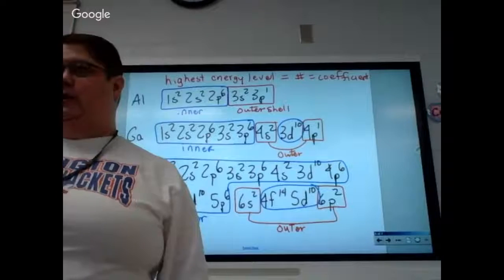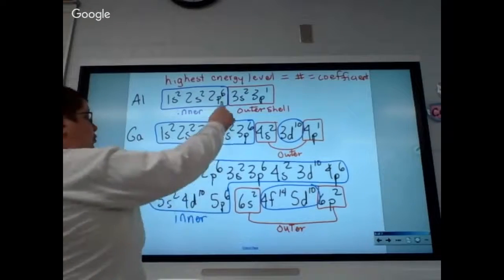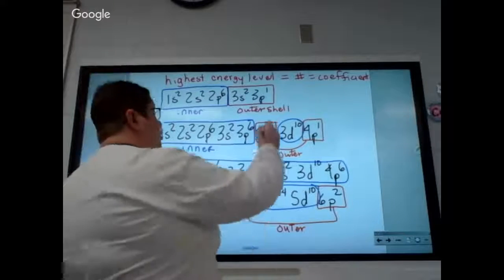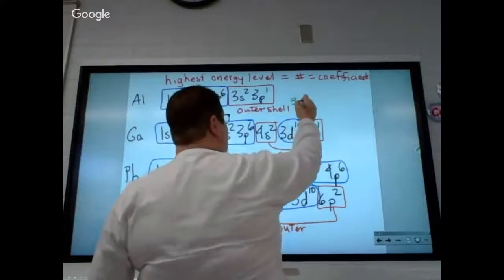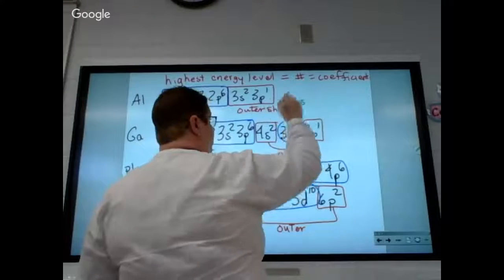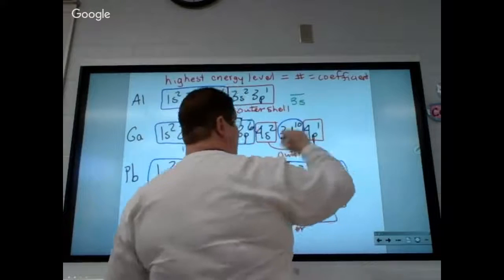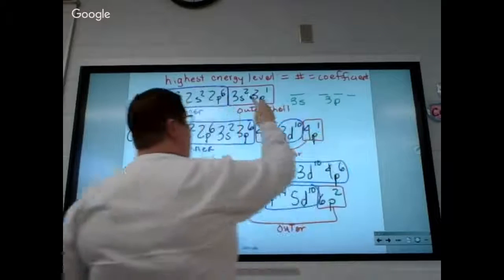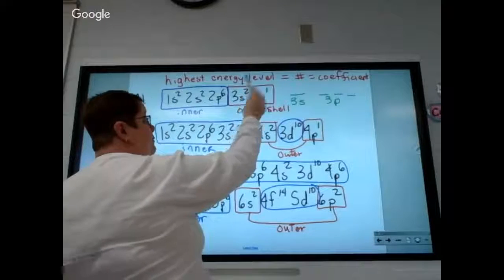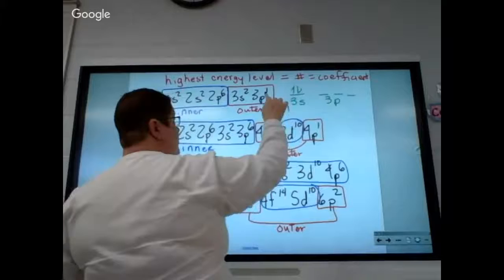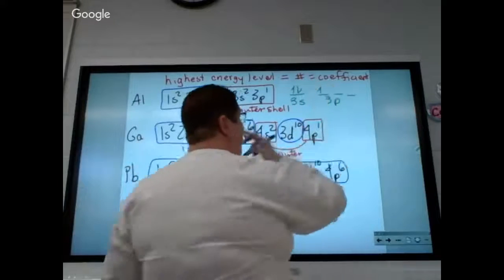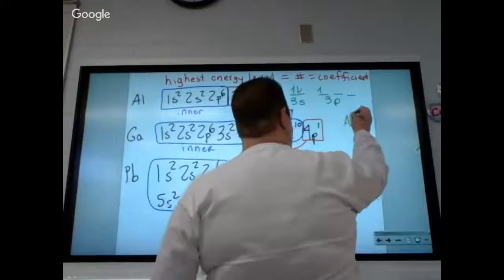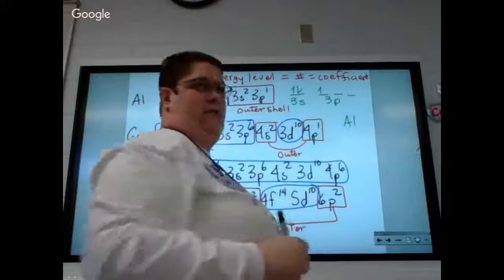So what does the 3s and the 3p look like in orbital notation? 3s has how many lines above it? 1. 3p has how many lines above it? How many arrows does S have? 2. How many arrows does P have? Now, when we draw the dots for aluminum, these dots have to mimic the arrows.